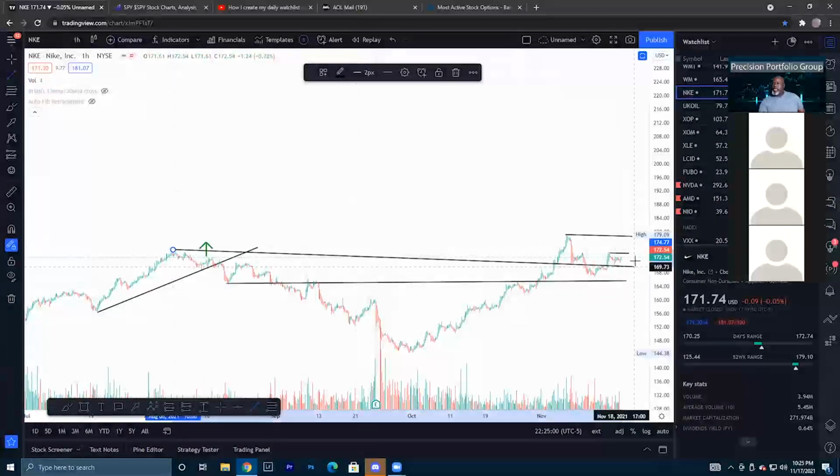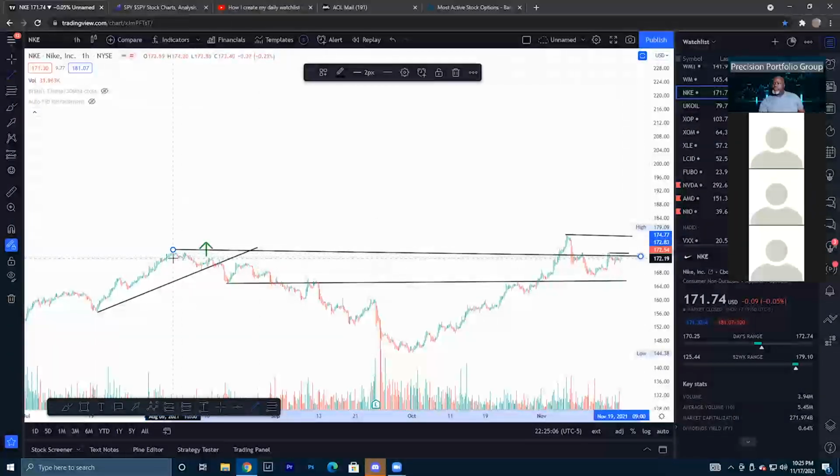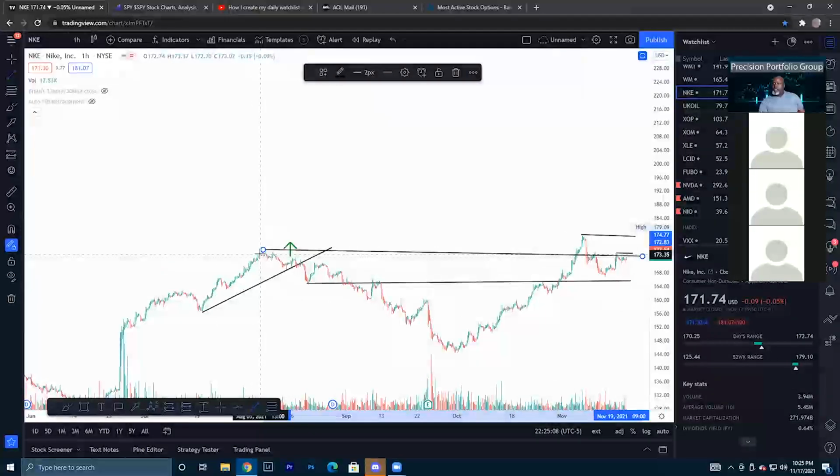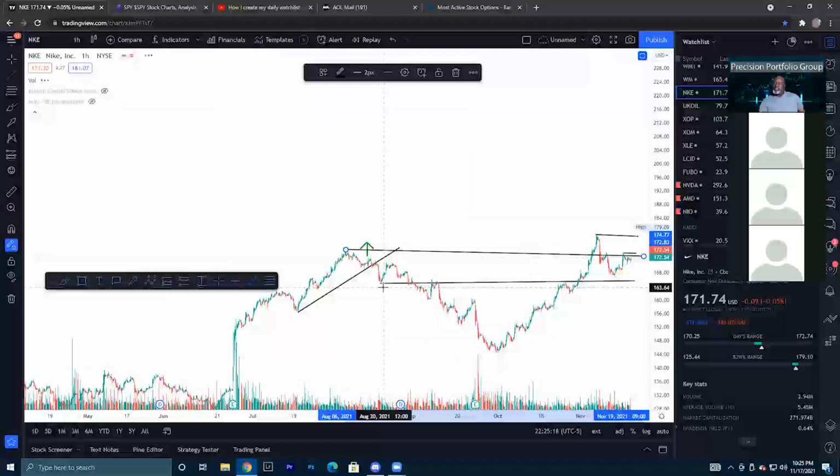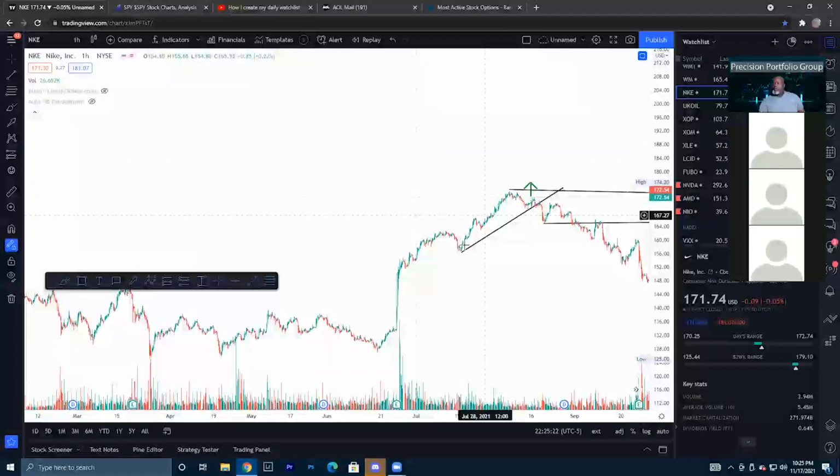Now this level, it has to break. Oh no, it's not there yet. So it might break this previous one from August 6th. If it breaks that, yeah, we're going up. As you can see, I used to plot Nike like crazy. This is all my previous stuff.